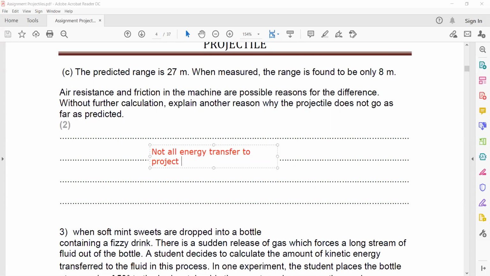So if not all of the energy is transferred to the projectile, it will come out with a smaller speed, which will reduce the range. Is it clear?